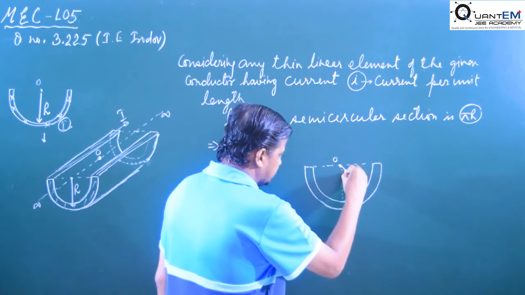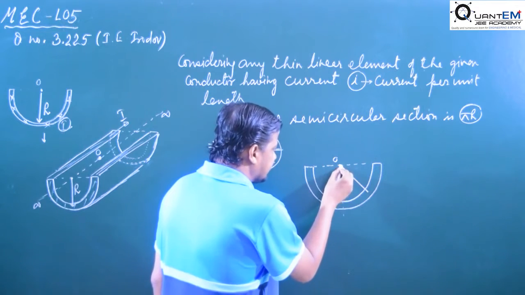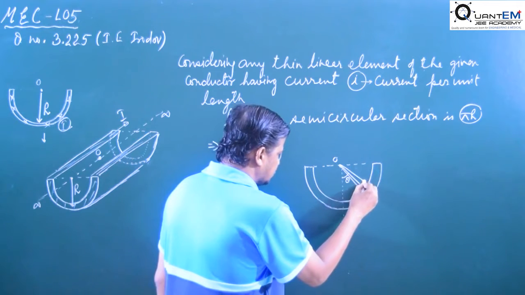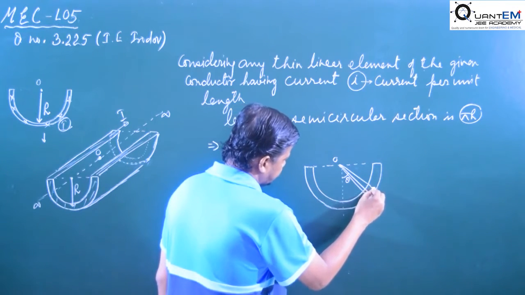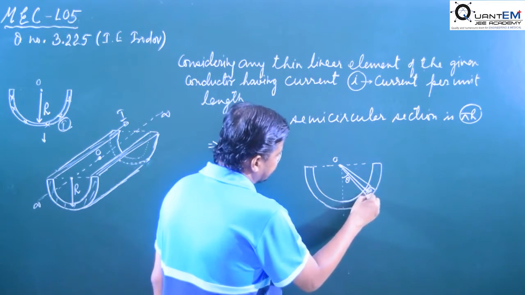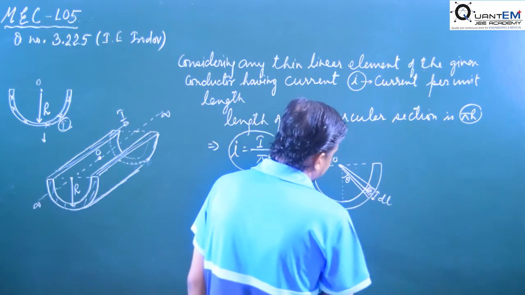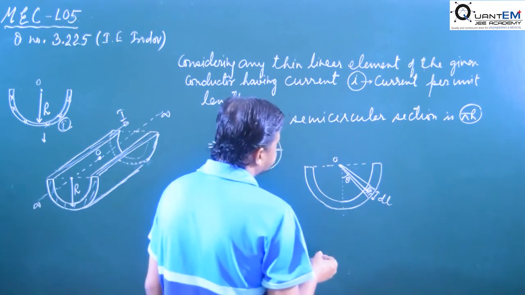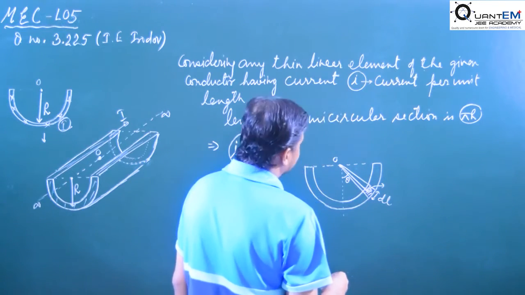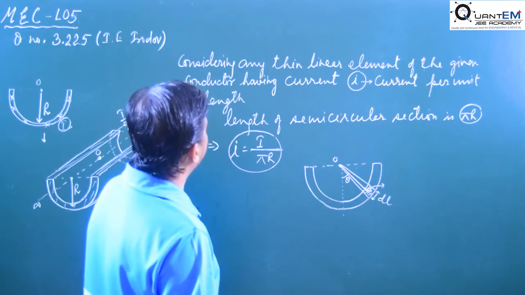At an angle theta we consider a small element of the conductor which is forming an angle d theta. This element has length dl, and here the current is, suppose, current per unit length.